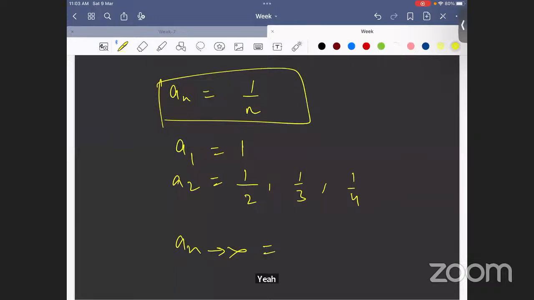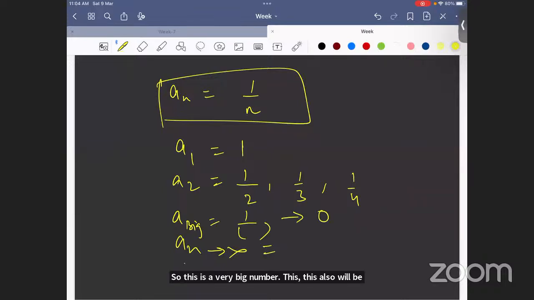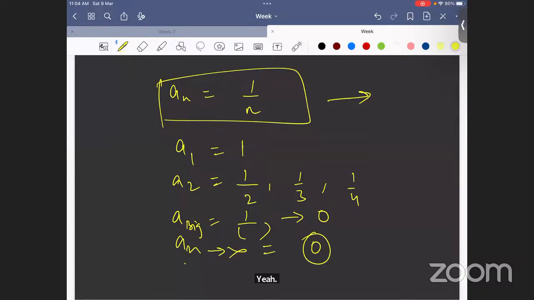So let's say n is a very big number. Then 1 upon a big number will start tending to 0. Whenever you increase the value as much as possible, it will start tending to 0. So this sequence is converging to some particular value, 0.